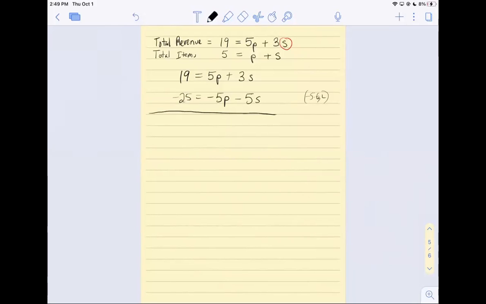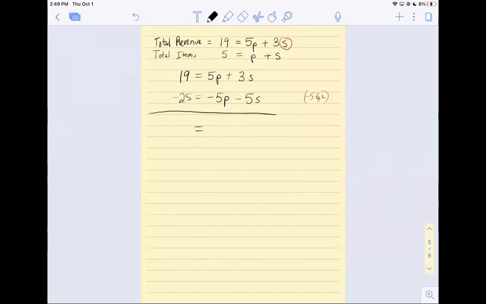But it's definitely a valid thing to do, because you can think of equations as scales. If you have two different scales that are both equal, then if you add the left sides and combine them into one scale and the right sides into another scale, those should also still be equal. That's what allows us to combine equations like that.